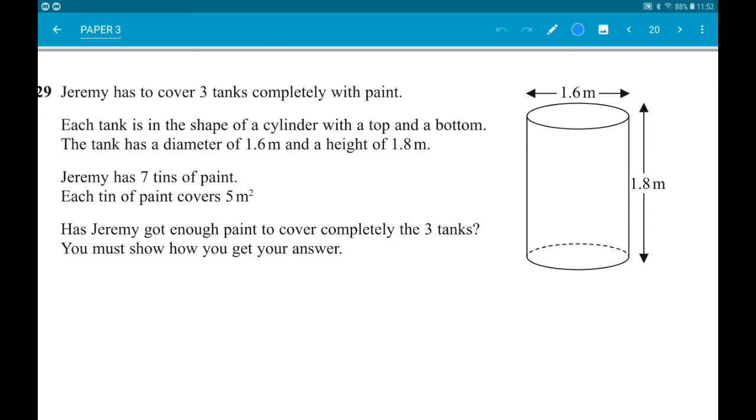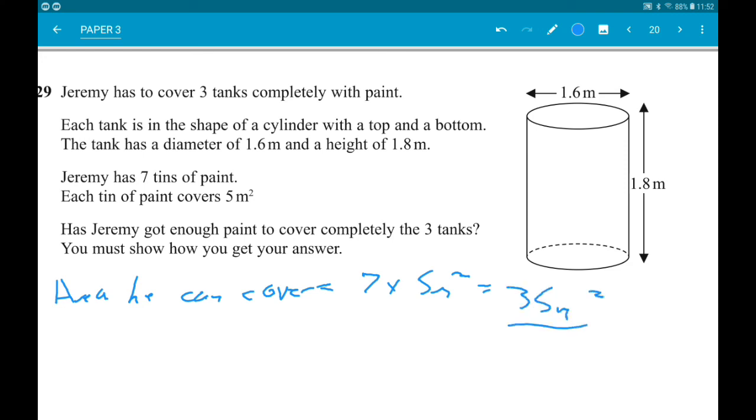Okay, let's work out the area he can cover. So that's 7 times 5 meters squared. So that's 35 meters squared.